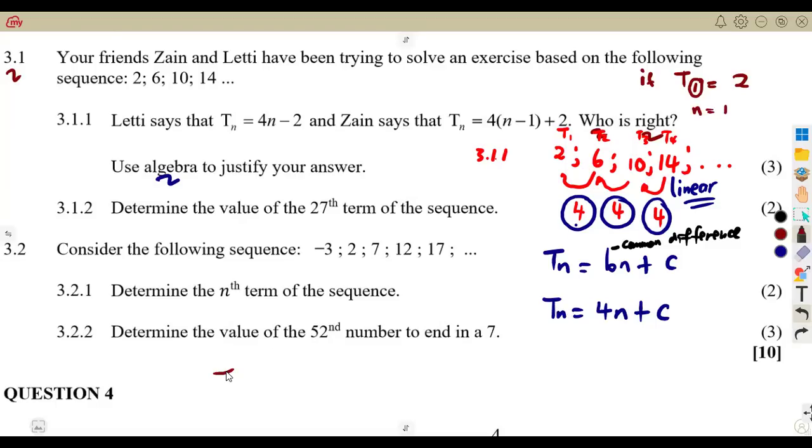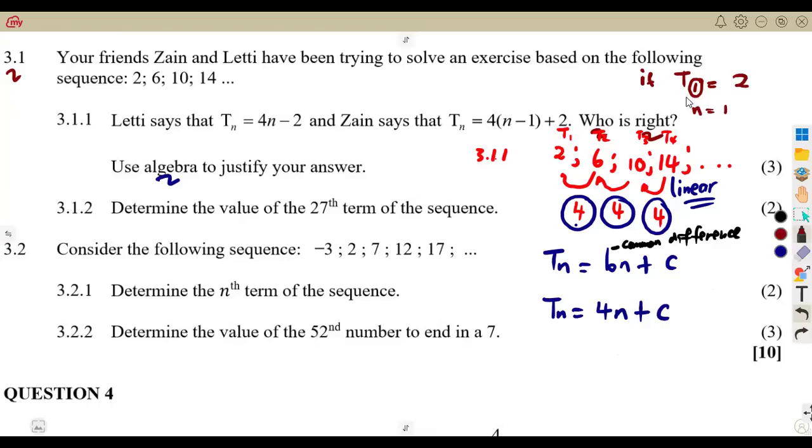If you say T2 is equal to 6, your n is supposed to be 2. In place of n here, you're supposed to put a 2. In this case, I'm going to use the first one, T1. You can use any one, you are going to have the same answer.